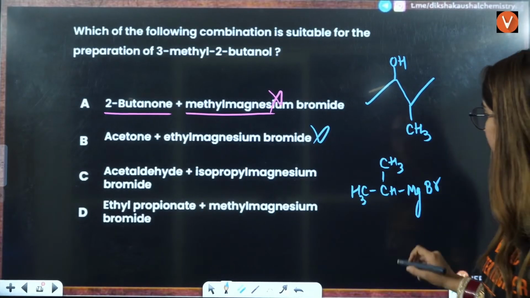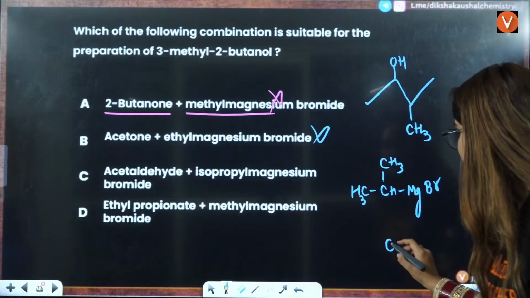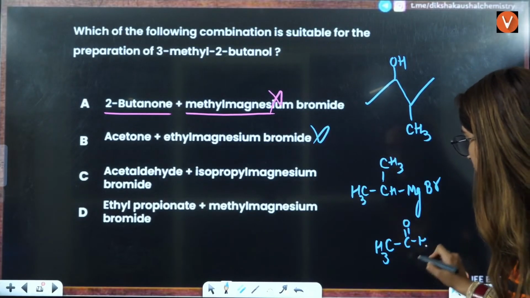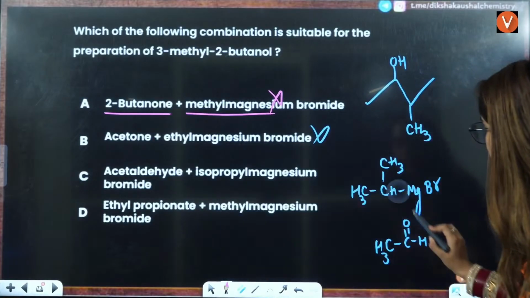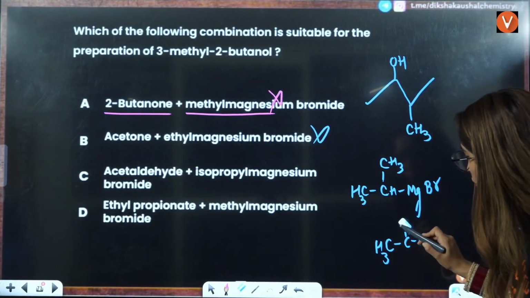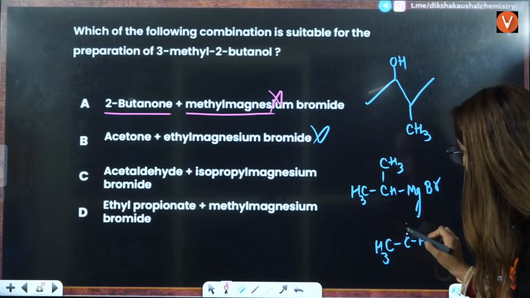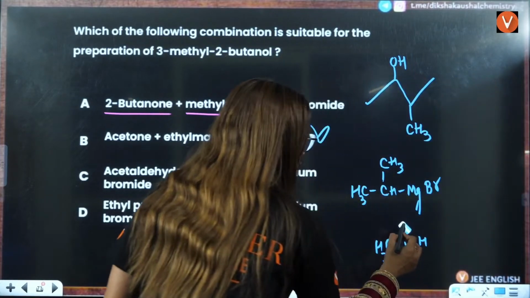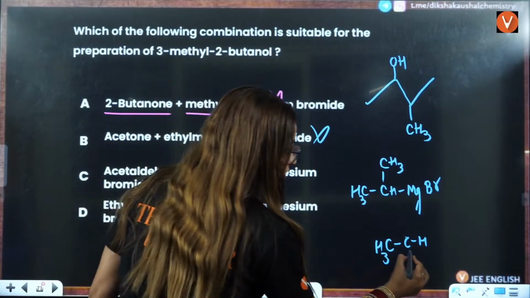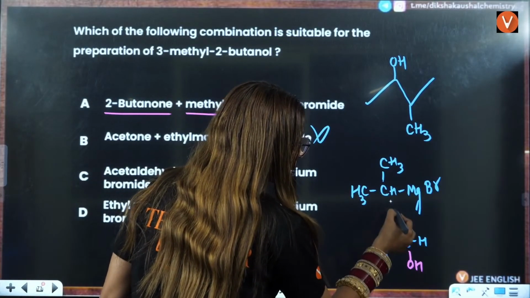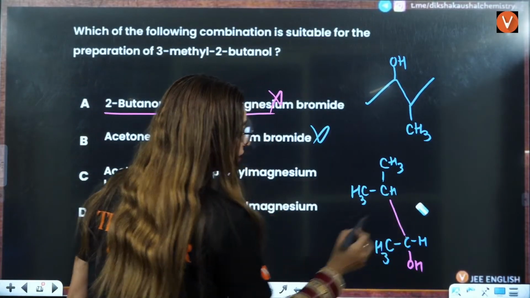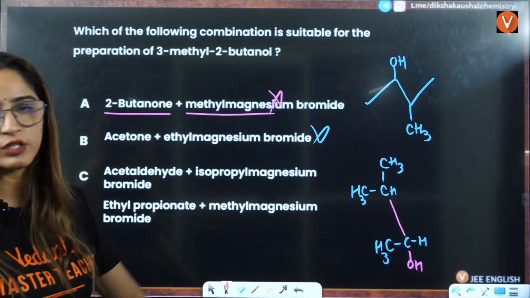So when it reacts with acetaldehyde, that means CH3, C double bond O, H, what will happen? This will be converted to OH, and here you have the attachment of this CH, right? That will attack on the carbon.